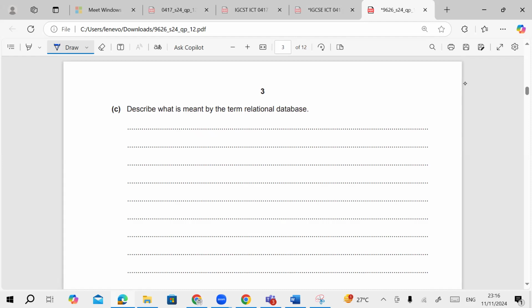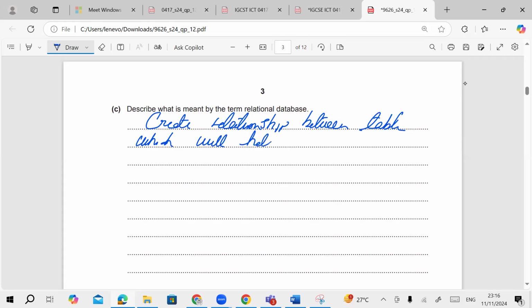Relational database obviously means that whenever we have multiple tables, we can create relationships between tables, okay, which will help us to create queries from both tables. I'm not writing the entire answer, just giving an idea.